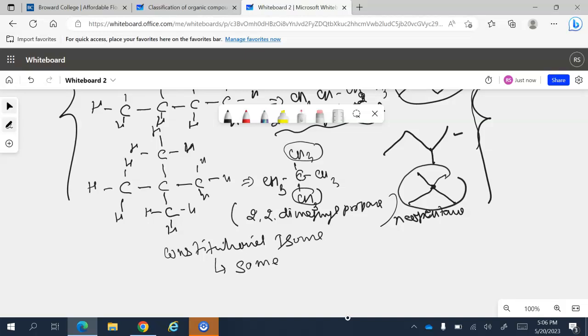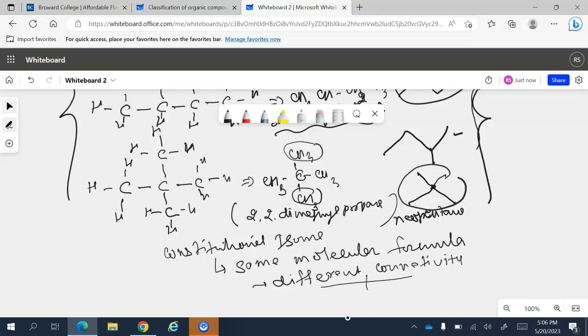The same molecular formula, but they will have what? Different connectivity, therefore a different name, and the structure also will be different. That is what we call constitutional isomers.